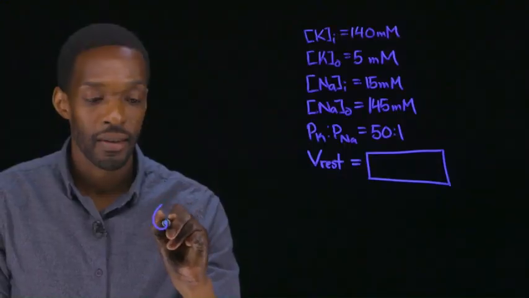This will take into consideration the ionic concentration differences of multiple ions and their relative permeabilities to determine the voltage across the membrane when the voltage comes to an equilibrium. We can make a couple of assumptions and simplifications in this equation as follows.